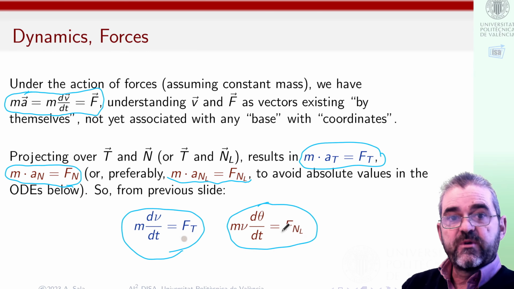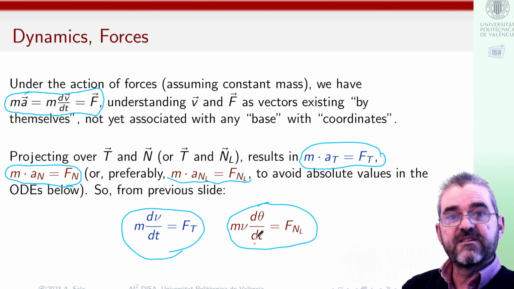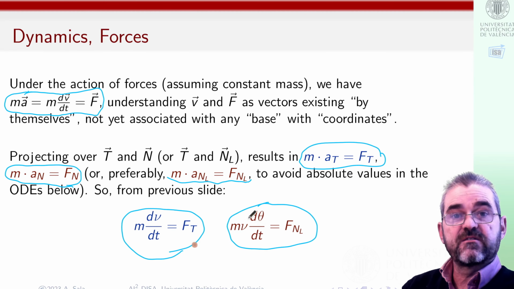So these two equations give me the derivatives of the linear speed nu and the angular velocity d theta dt. And this is the main result of this video. The equations of dynamics in intrinsic coordinates are expressed like this.